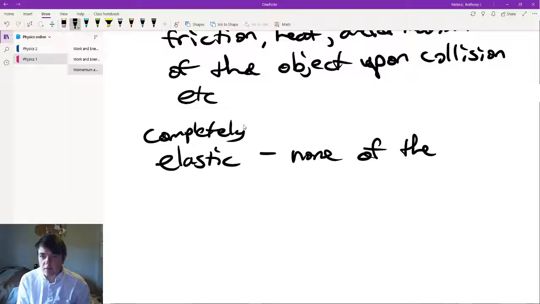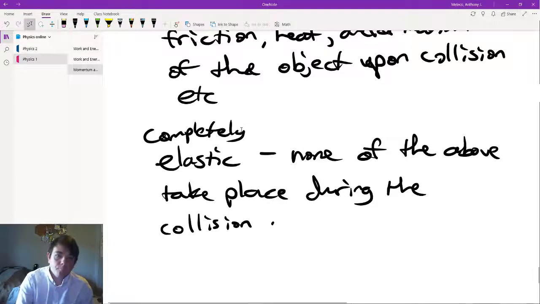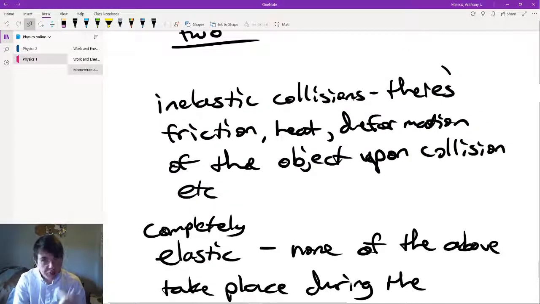None of the above take place during the collision. So you're not losing heat. There's no friction. It's completely elastic, like rubber balls.